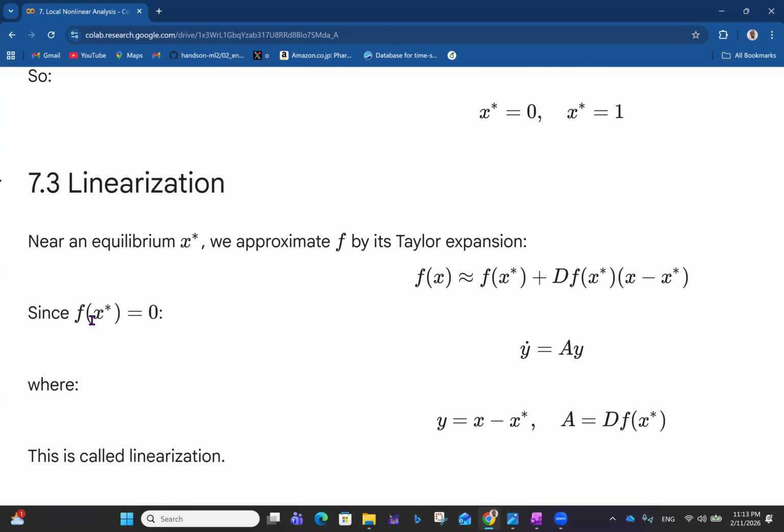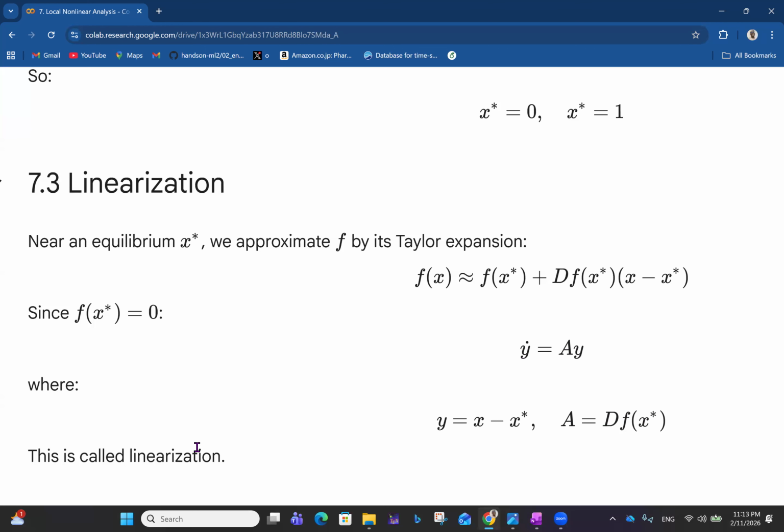And since f of x star itself is 0, this expression will automatically disappear. In that case, we then have y dot equals a y, where y now is x minus x star, and a is the derivative of f of x star, or better still, the derivative of f of x evaluated at x star. And this idea is called linearization.